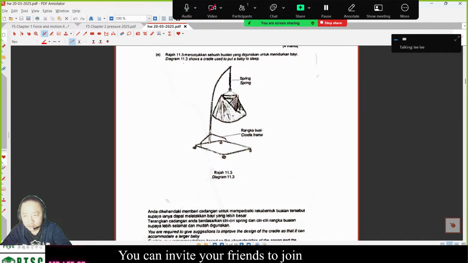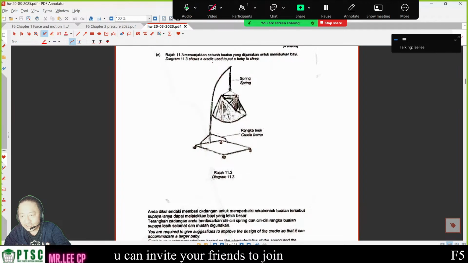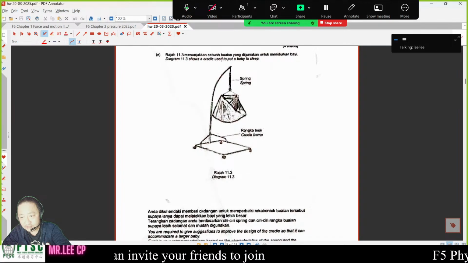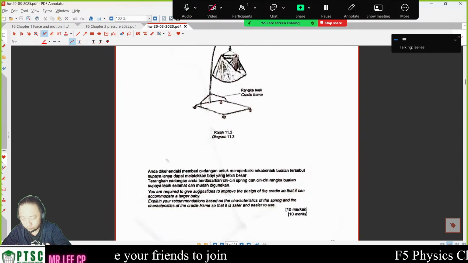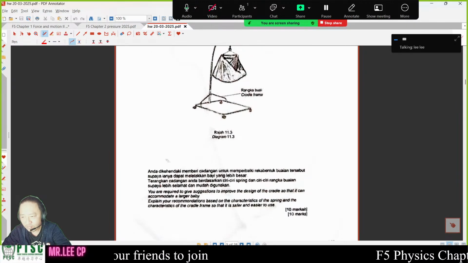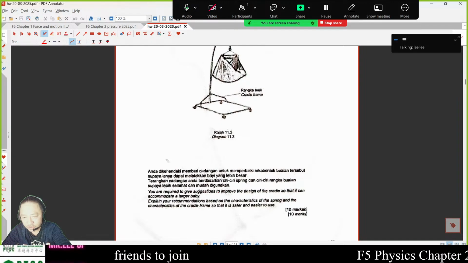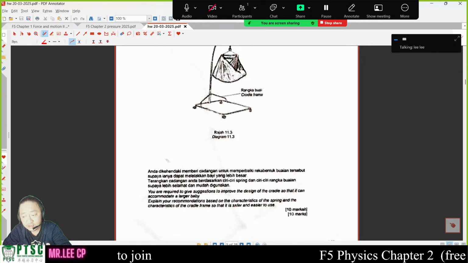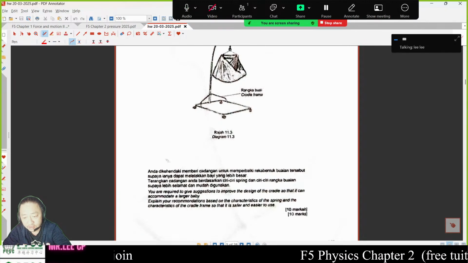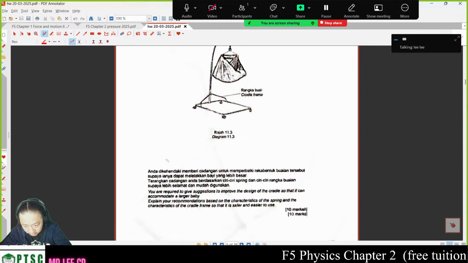Diagram 11.3 shows a cradle used to put the baby to sleep. This is a cradle frame. You are required to give a suggestion to improve the design of the cradle so that it can accommodate a larger baby.